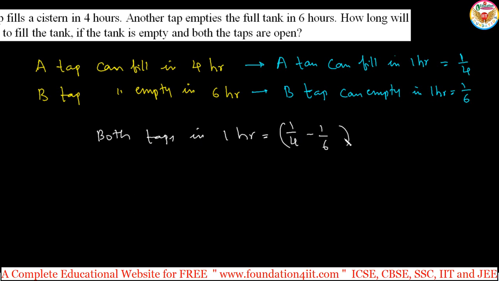Taking LCM, 3 minus 2 by 12. So 1 by 12. 1 by 12th part of the system they can fill. So therefore the system will fill in 12 hours.